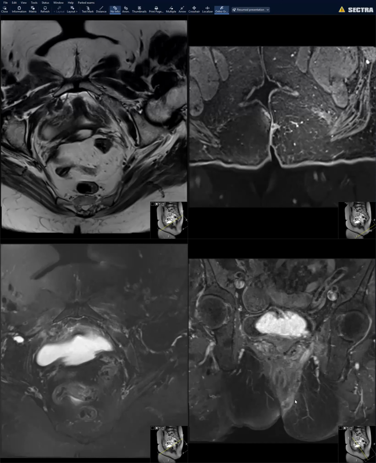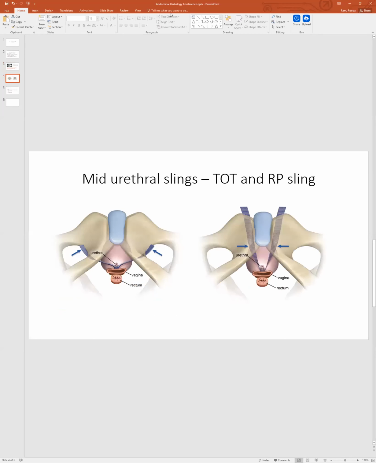With the trans-obturator ones, these are known complications. Because of the way they are anchored to the obturator membrane or fascia, they can have thigh pain, they can have these fistulae which form. So just to show the differences between the two types, this is the more horizontally oriented one, and the trocar paths look exactly like how we see them on these post-contrast images, versus the retropubic ones, which have more of a V-shaped configuration.